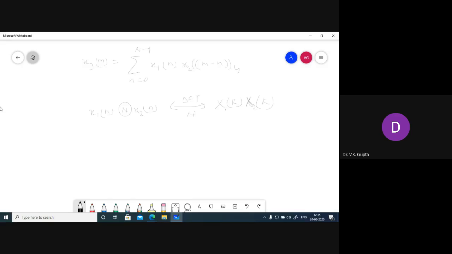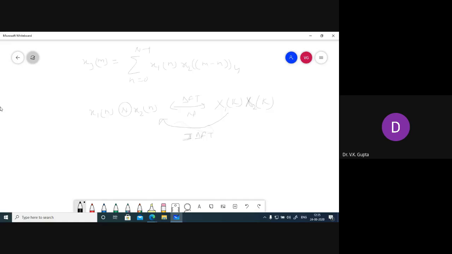DFTs. So either you do this by the formula, or you can first find X1(k), then find X2(k), then by using the IDFT you can find the convolution of the two sequences.